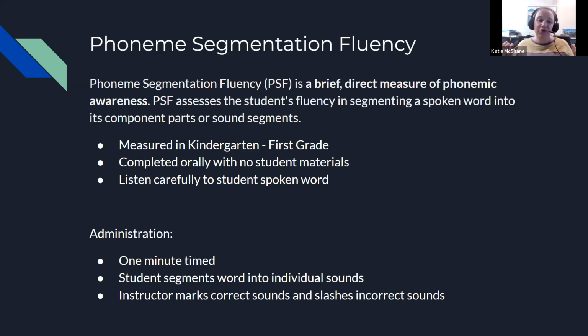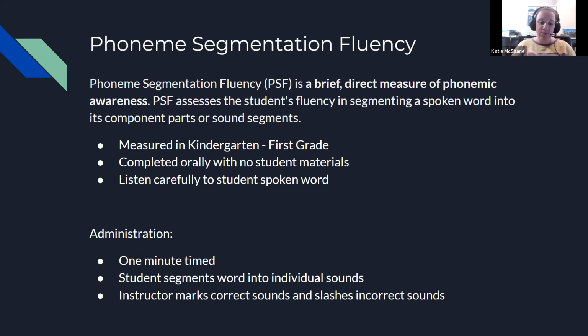Here, we really need to listen carefully to the student's spoken word, because so many of our students struggle with phoneme segmentation. It's a part of their reading troubles. And I'll show you how we're going to score that as well.